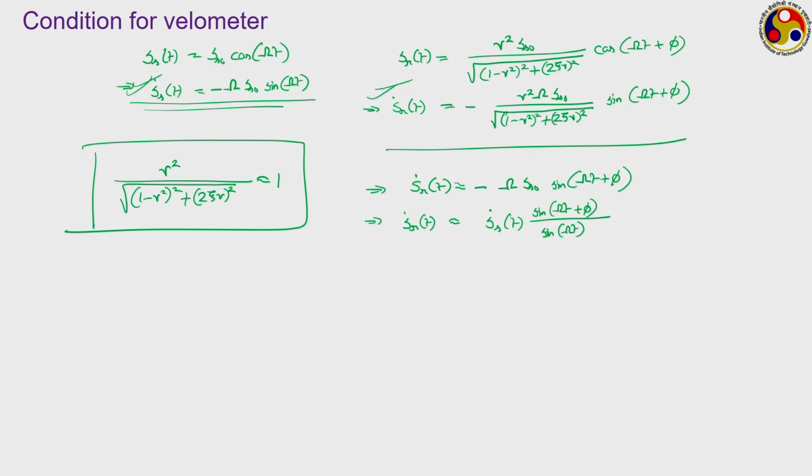Resultant velocity will be able to follow the imposed velocity with a phase lag, again the same phase lag phi that we are talking about. So, this is the condition that we got earlier for the vibrometer.